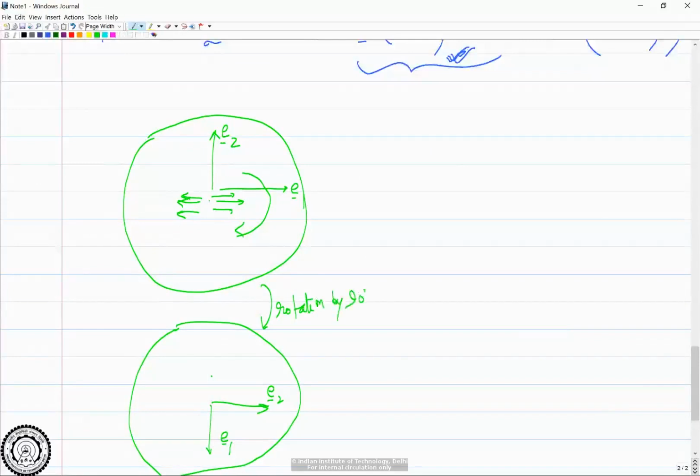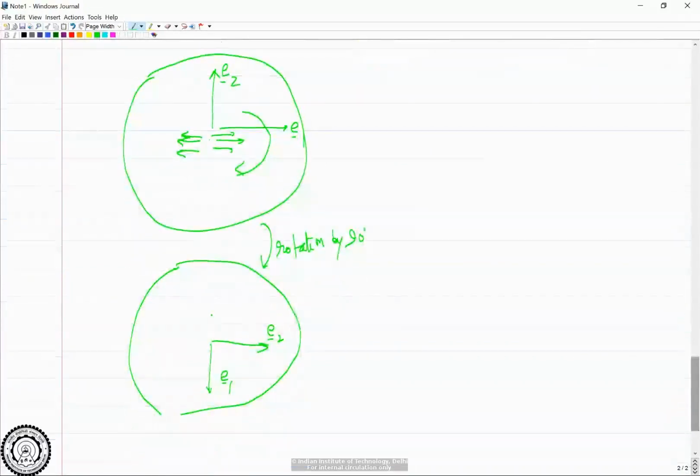And then, as I told you, you have to apply the same deformation, but you are unaware that it has actually rotated. So you will again stretch the body along the horizontal line, right? And if it is isotropic, then the response that you will get will be the same in both the cases, isn't it?